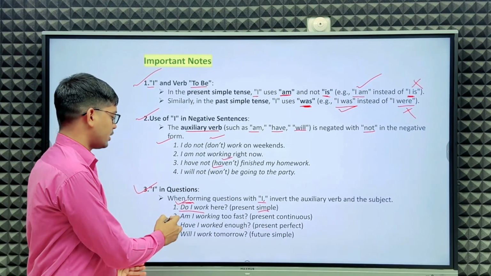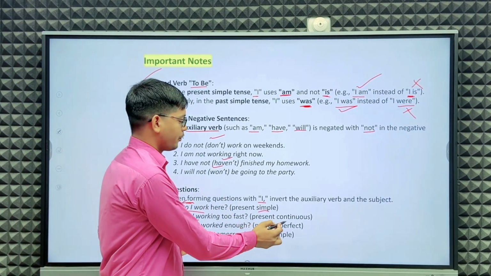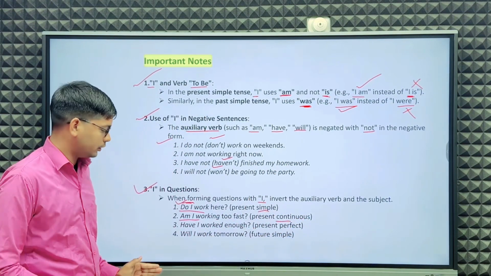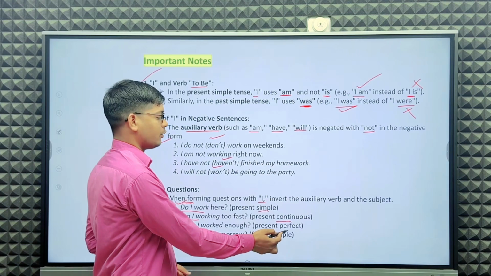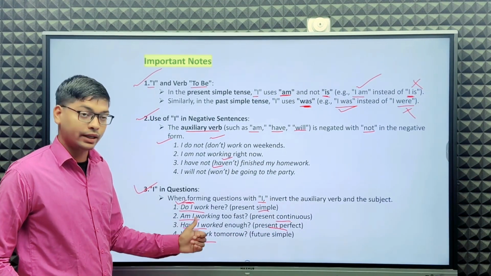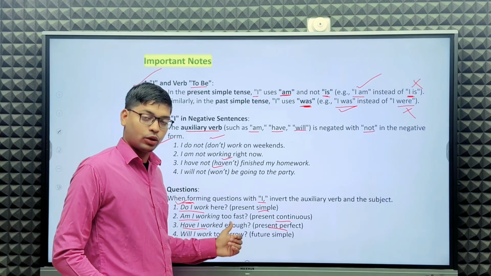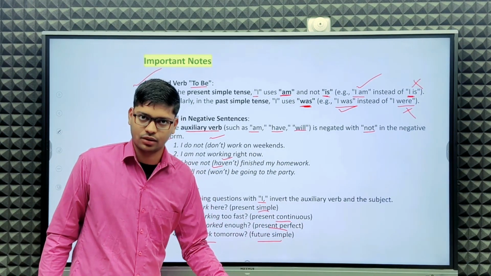Next, am I working too fast? This is a present continuous example. Have I worked enough? Present perfect tense. Will I work tomorrow? This is an example of future simple tense.